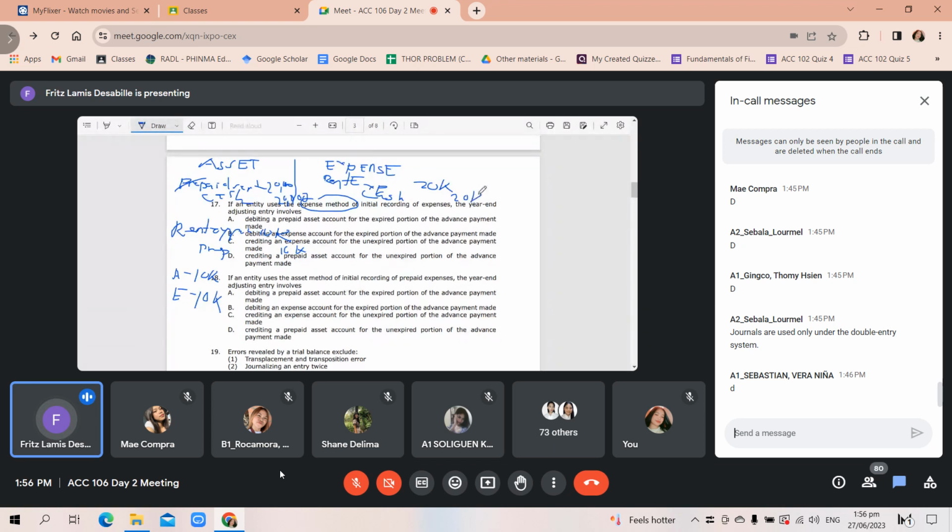Now, your adjustment entry for rent under the expense method, say for example in the same circumstances wherein 10,000 was already expired and 10,000 is still remaining. Since you already recorded an expense of 20, take note, the only expense you should have is the expired portion. So you adjust your expense of 20 by reducing it by 10.